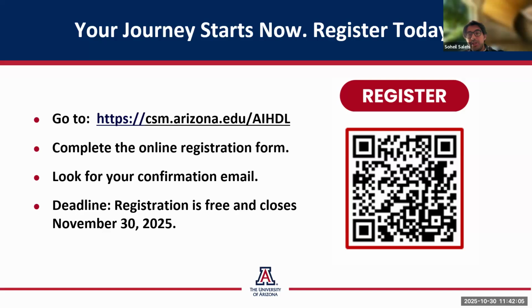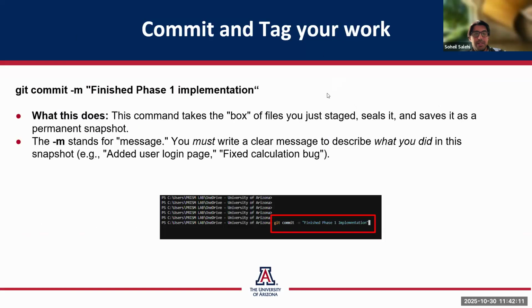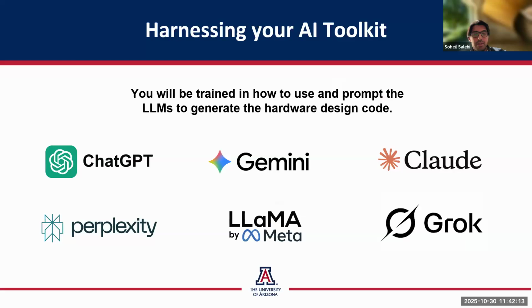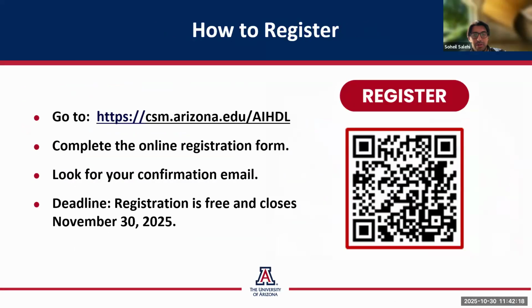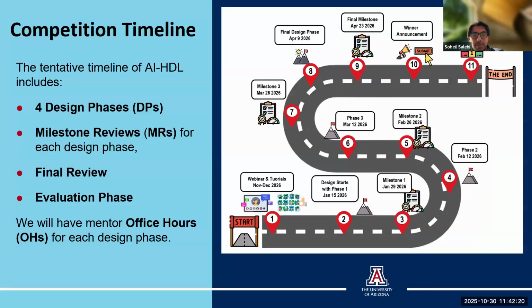So when will be the next session? The next webinar is posted on the timeline on the AI-HDL website. Once you go to the website, under timeline, you will see the webinar. The webinar and tutorial sessions are going to be in November and December.